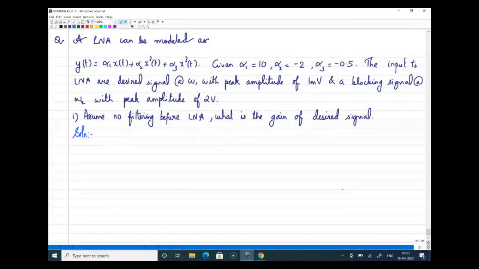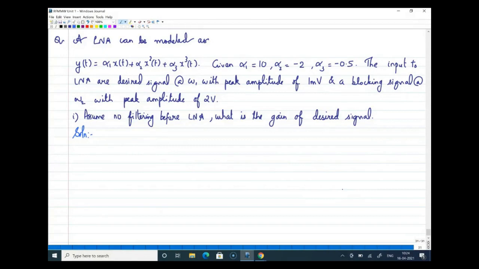One is the desired signal at omega 1 and another one is an interferer at omega 2 with amplitudes of 1 millivolt and 2 volts respectively. If the front end has only the LNA, with no filtering before it, what will be the desired signal's gain? That is the first part of the question.